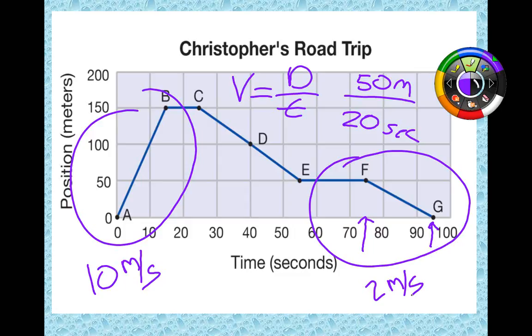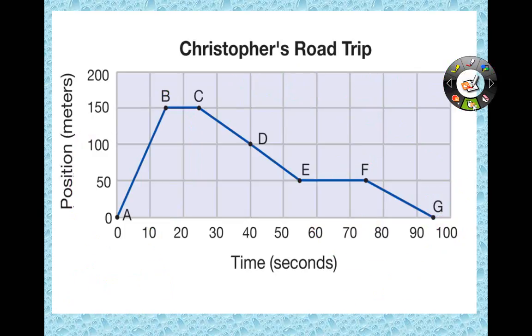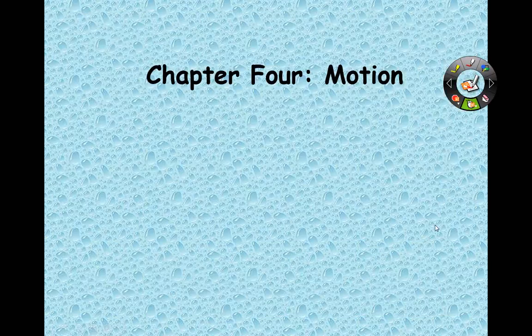So, here's the difference. This negative slope says that Christopher is traveling in a negative direction. He was traveling faster from A to B than he was from F to G. This negative denotes that it was in a negative direction.